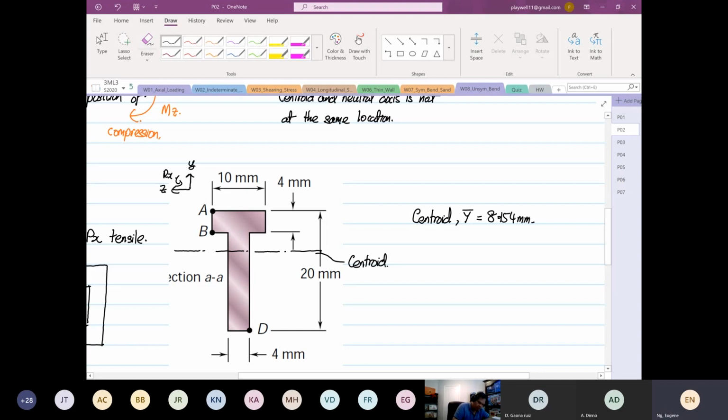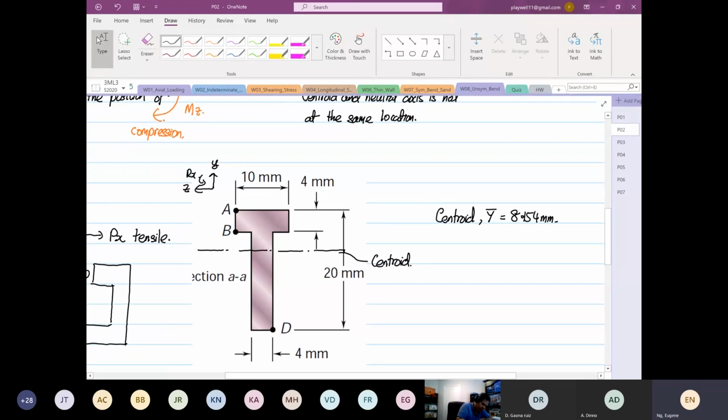As I said, the datum will always be taken from, for this case, the top. So this is equal to 8.154 millimeters.